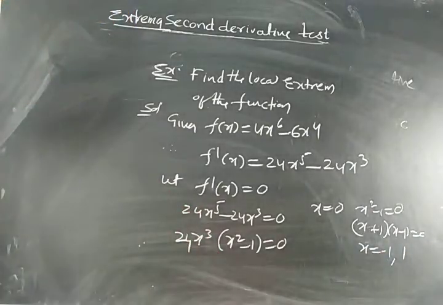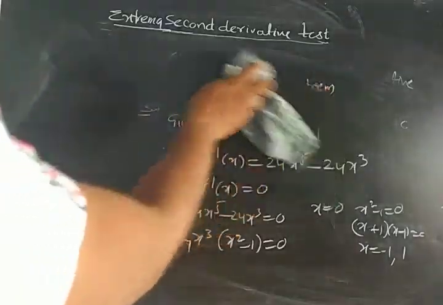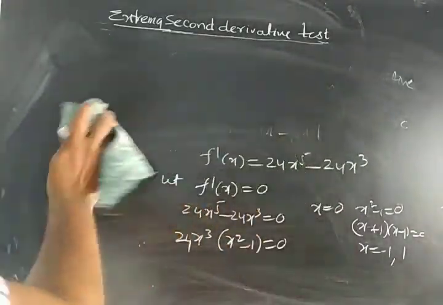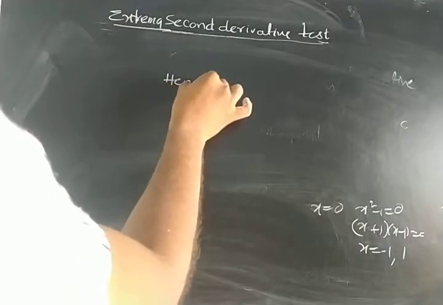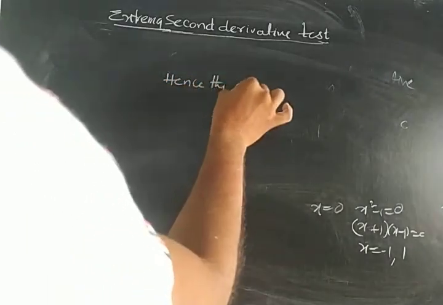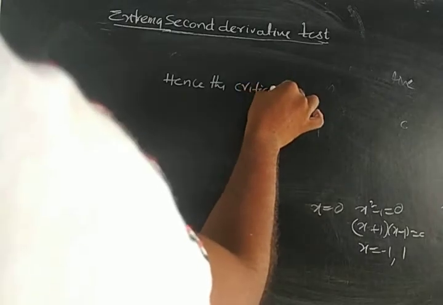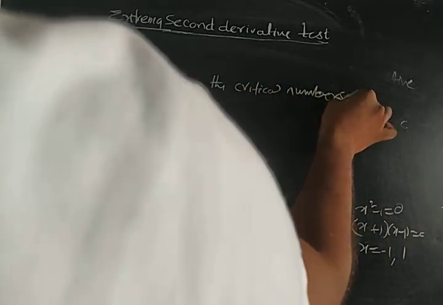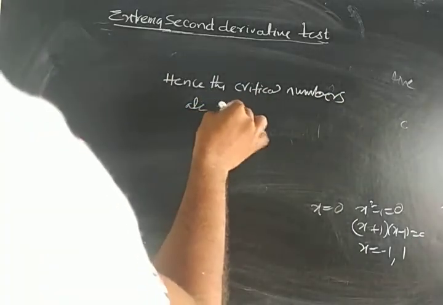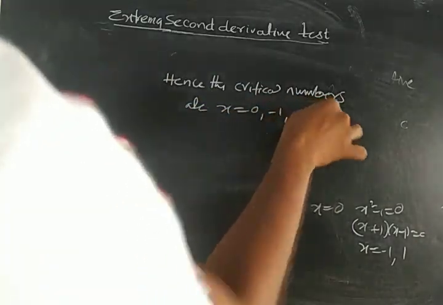So how many critical points? 0, minus 1, plus 1. Hence the critical numbers are x equal to 0, minus 1, plus 1.